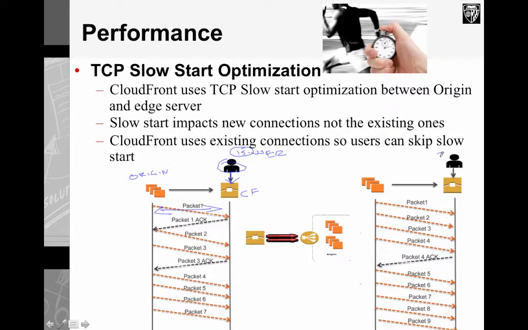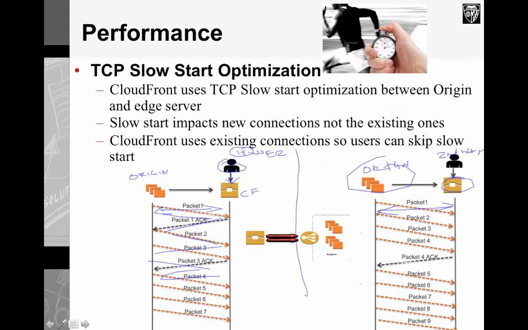When the second user comes on board, now there is a Keep Alive connection that is established with the origin. I'm actually drawing the picture the second time over here. This is origin again. The second user is coming into CloudFront. There is already an established connection between CloudFront and the origin. So now the three-way handshake and all those things, 1, 2, 4, 8, don't have to happen.